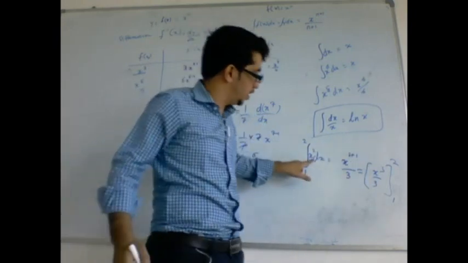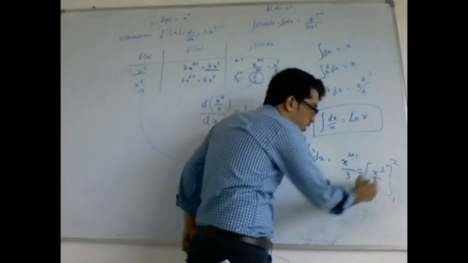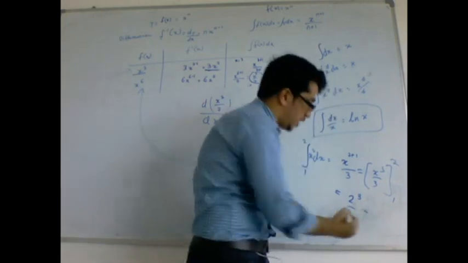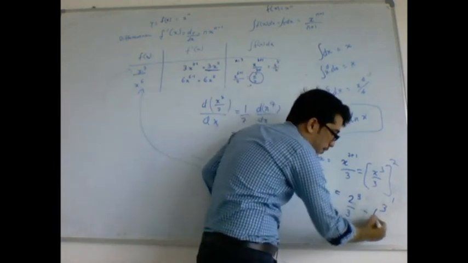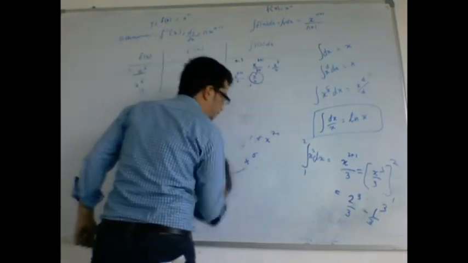Please remember, if we have done integration with respect to x, then we put the limits in the place of x. So it is 2 cube upon 3 minus the lower value 1 cube upon 3. Okay, I am repeating again.